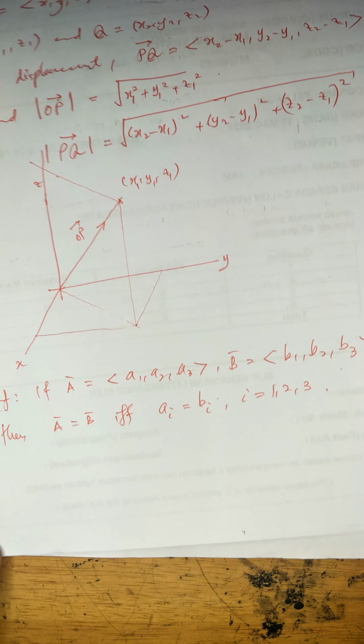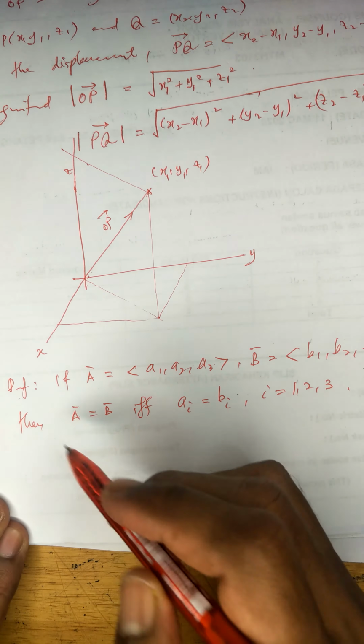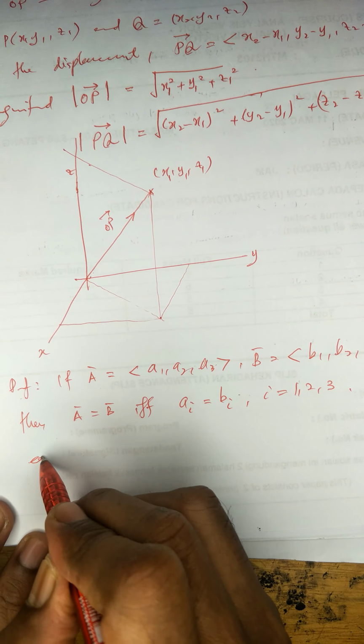Simple example again. Let's say given A as (alpha squared minus 3, 4, 3), and given B as (6, 4, 3), find alpha if A equals B.